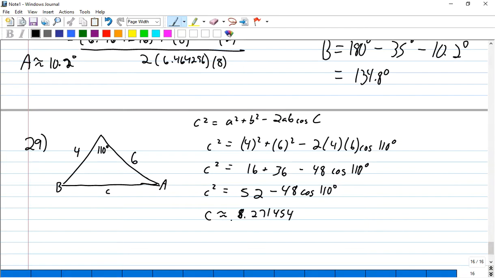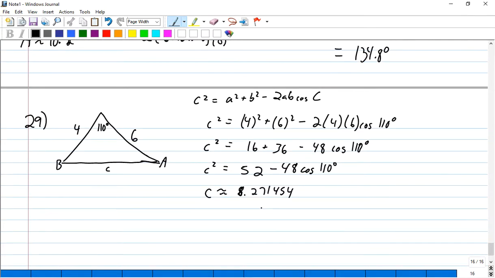If you need to round that to a couple of places for your answer for side C, then you just round it to 2 places, but we have to use this in another formula again. That's why I am taking it out so many places. So what I'd suggest doing is either solving for angle A or B, because then you can use the fact that the 3 angles add up to 180 degrees to find the third angle.